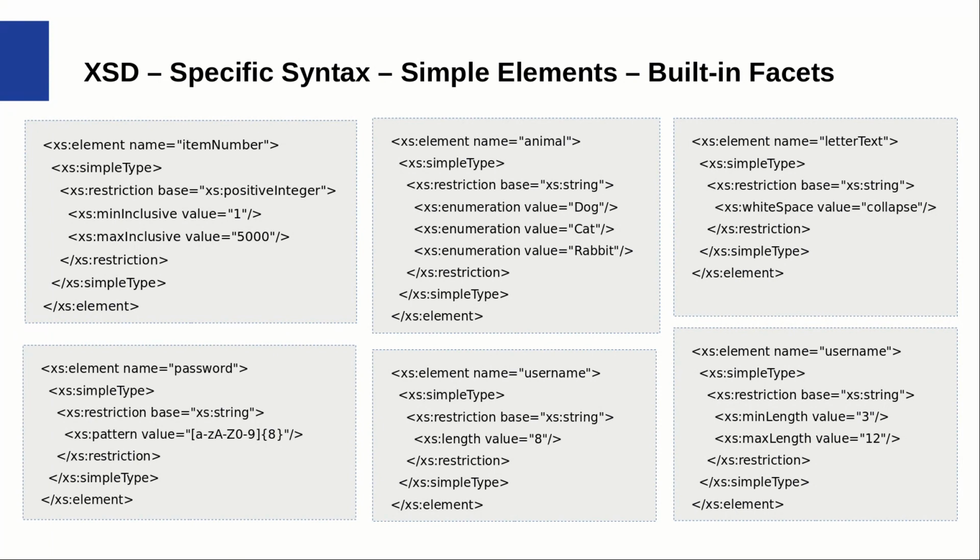And with the collapse value for this whiteSpace facet, all white space characters such as line feeds, tabs, spaces, and carriage returns are replaced with spaces, leading and trailing spaces are removed as well, and multiple spaces are reduced to a single space.